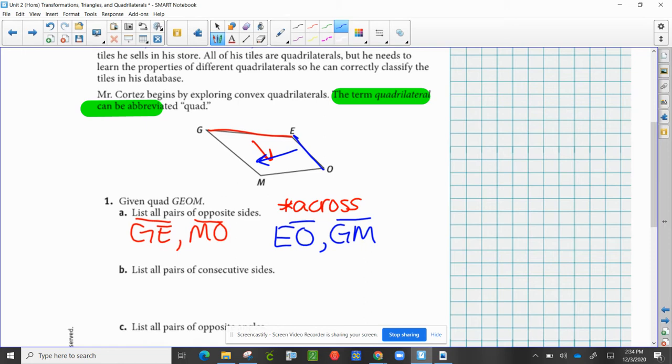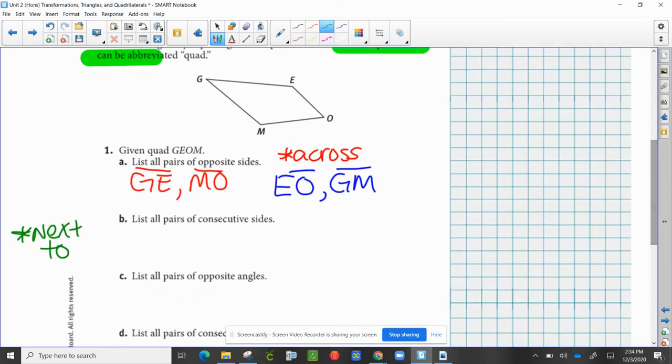We also have what's called consecutive sides. So let's erase this. Consecutive sides just means sides that are next to each other. So for example, if I look at my picture, again, let's start with maybe GE. A side that is next to GE could be EO, but another side next to GE could also be GM.